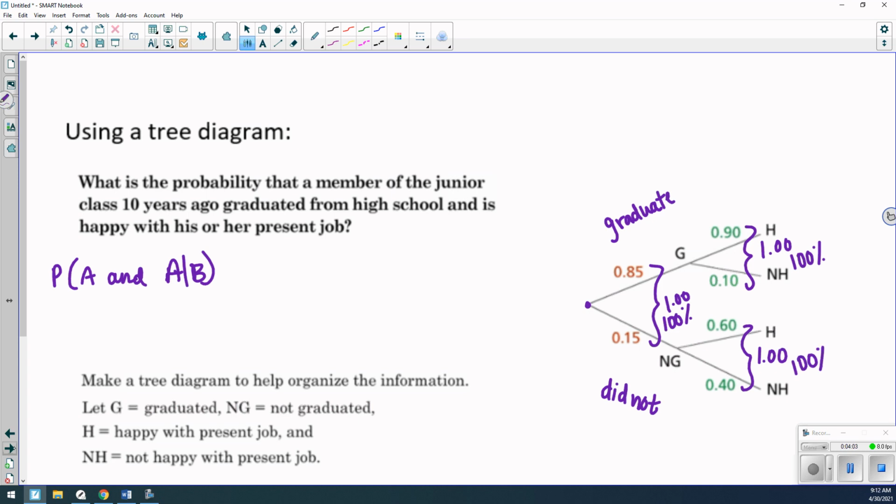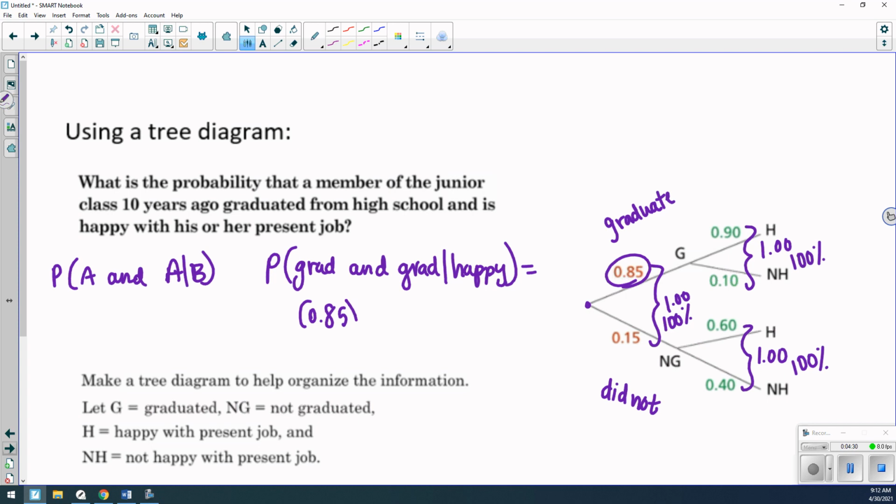All right, so let's dive in. What is the probability that someone graduated from high school and is a happy graduate? So I'm going to write it something like that. So first step, I go to the appropriate branch, the graduated branch, and that gives me 0.85.